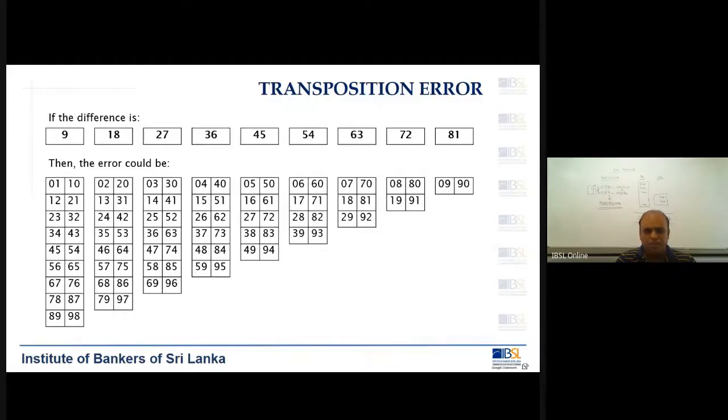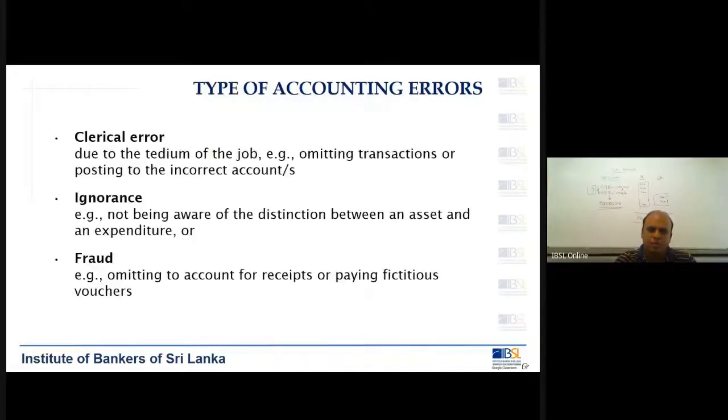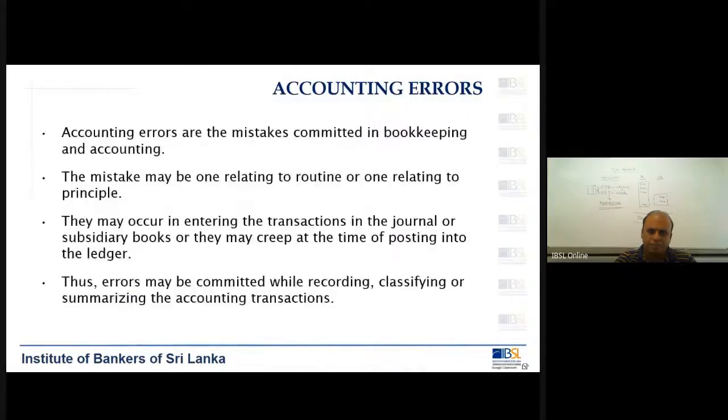So for example, your difference is not 9, it is something else, then there is a fundamental mistake where you have to go back and look at whether you have made any errors with regard to all the other errors that we learned. Prior to this, we looked at so many errors, right?